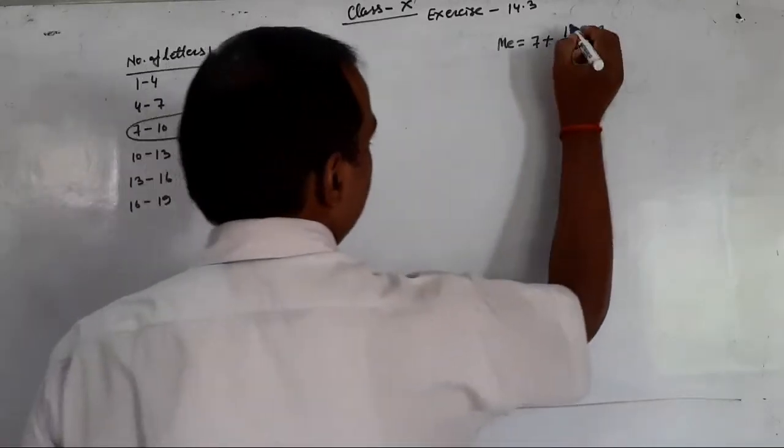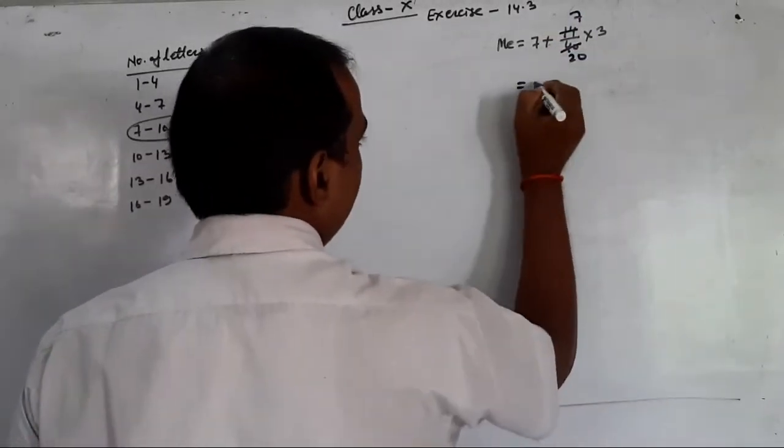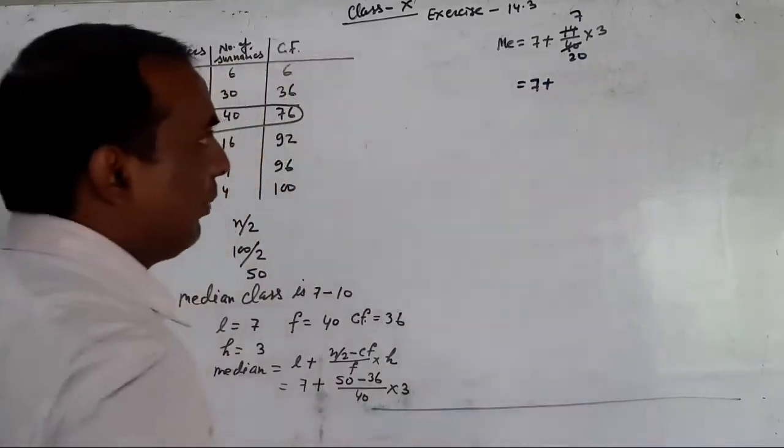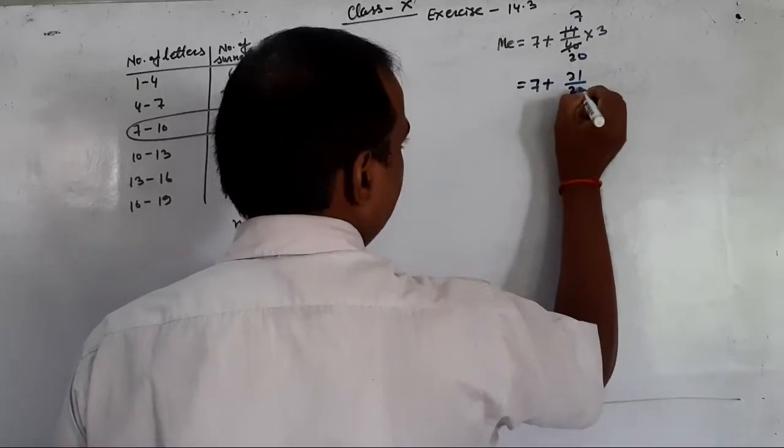by 2: 2 7s are 7 and 2 20s are 20. Or again we can write 7 plus 3 7s are 21 by 20.